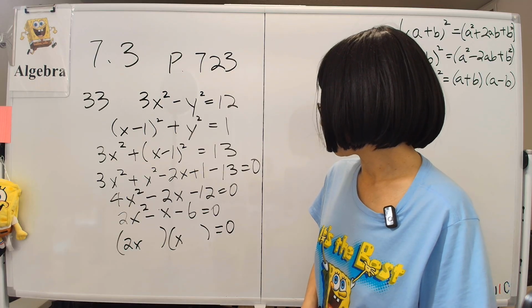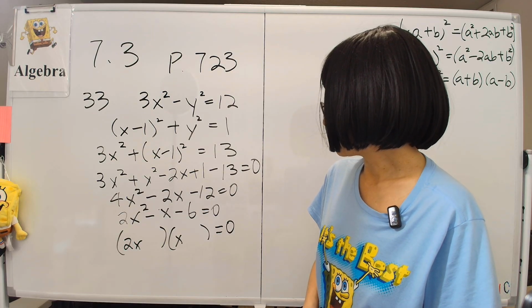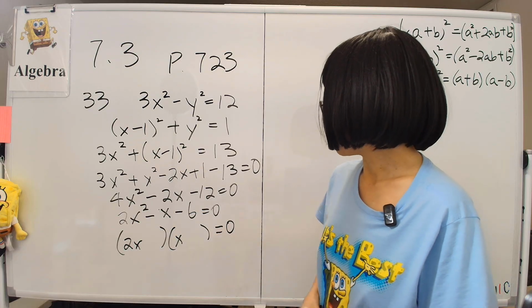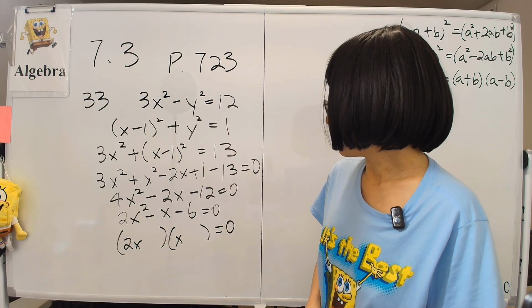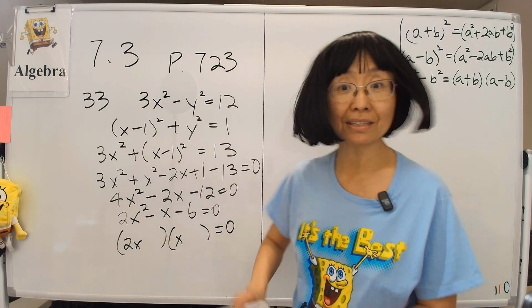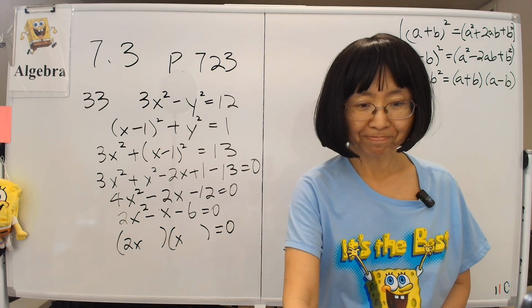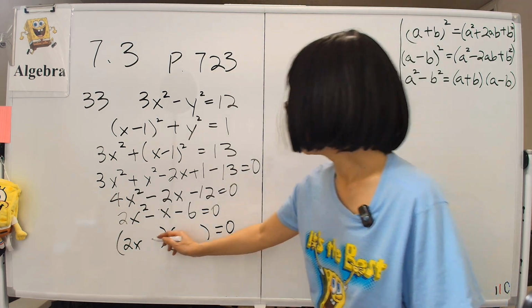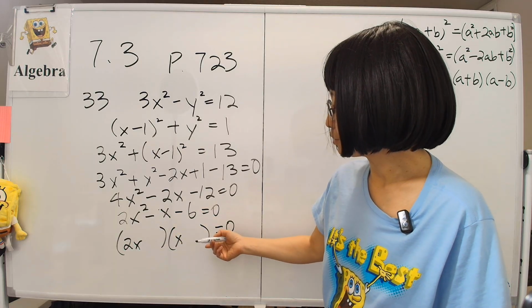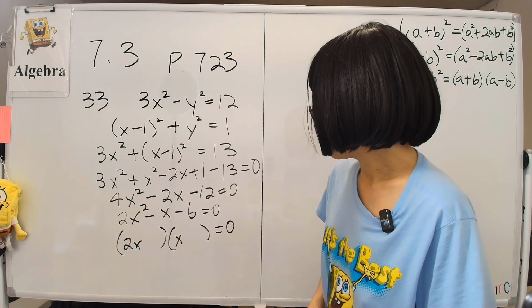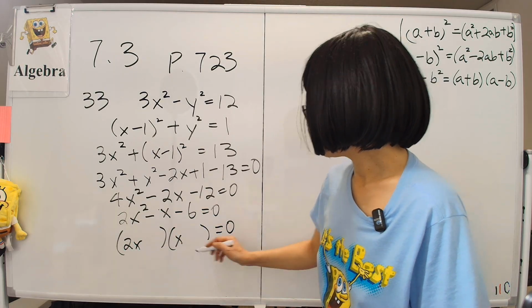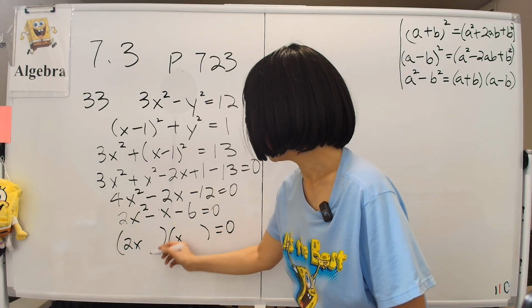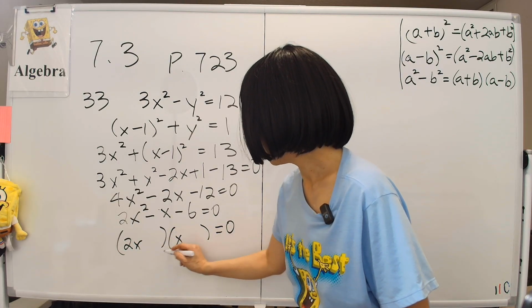Let's see, how would that work exactly? Let me think about it. Let's try 2 times 3. We try different things.